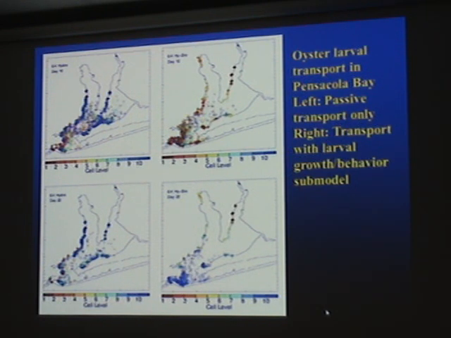So again, they can take advantage of vertical shear in the currents to ride the tide in one direction or another preferentially. And so you see some significant differences. Again, these are identical runs, except here there's oyster behavior and biology. Here there is not. So you see a very different transport and fate between the two cases. And this is being used then to guide the restoration efforts of the oyster bars up in that part of the world.